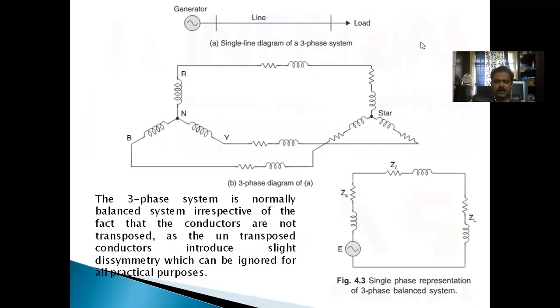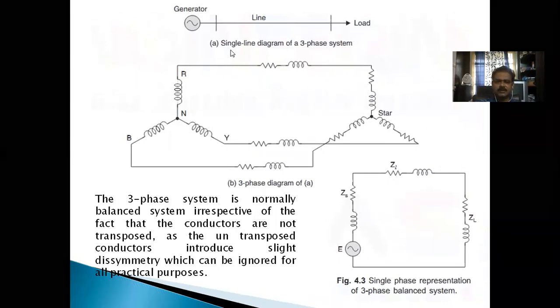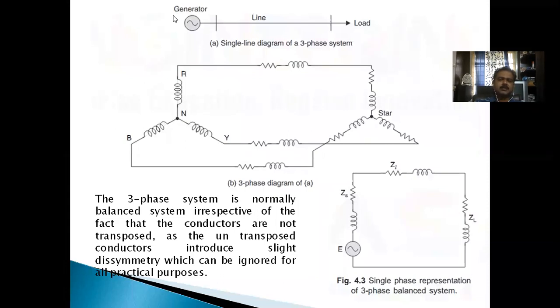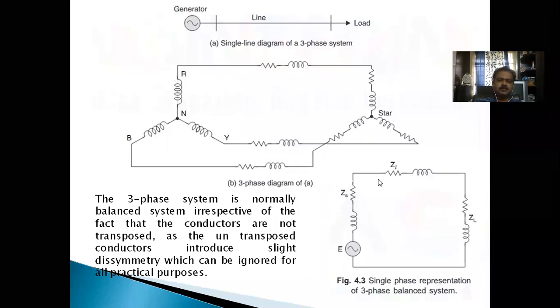So let us evaluate, or let us model, the long transmission lines. Now this is the representation of a transmission system. In a transmission system, there are generators, loads, and transmission lines.